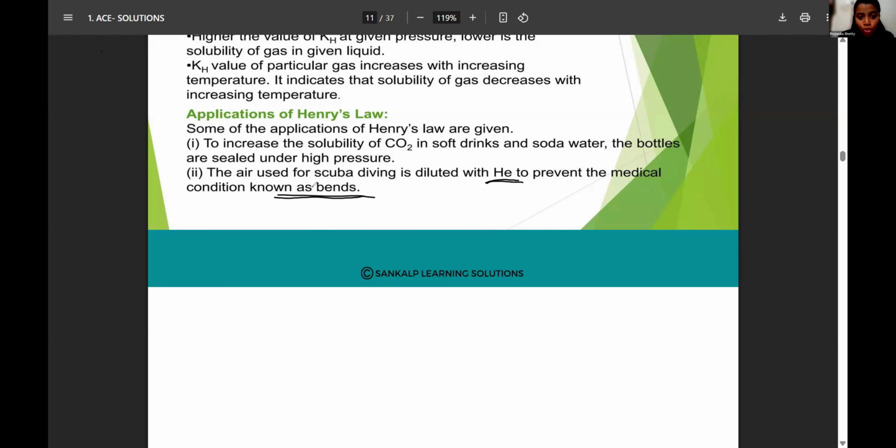The tanks used by scuba divers are filled with air diluted with helium. So please remember this, the scuba divers' tank is diluted with helium. Okay, so this is the place where Henry's law is applied.